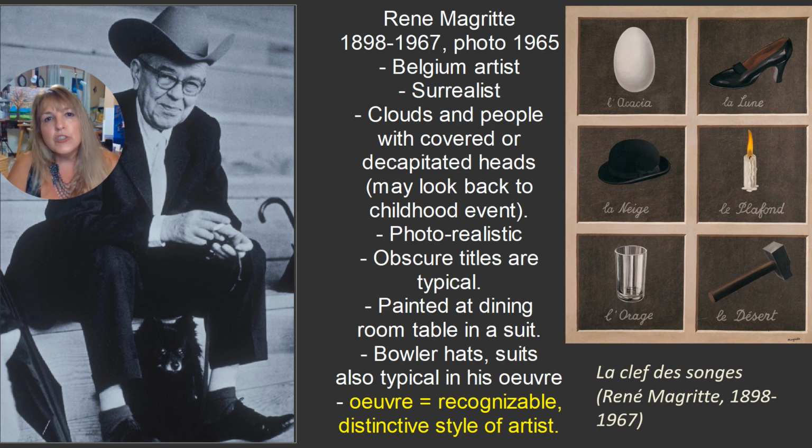It may look back to an important childhood event. His mother committed suicide when he was a preteen. So I think most accounts place him at 13 years old. And he basically wakes up to a world where in the middle of the night, his mother got out and drowned herself in a river.